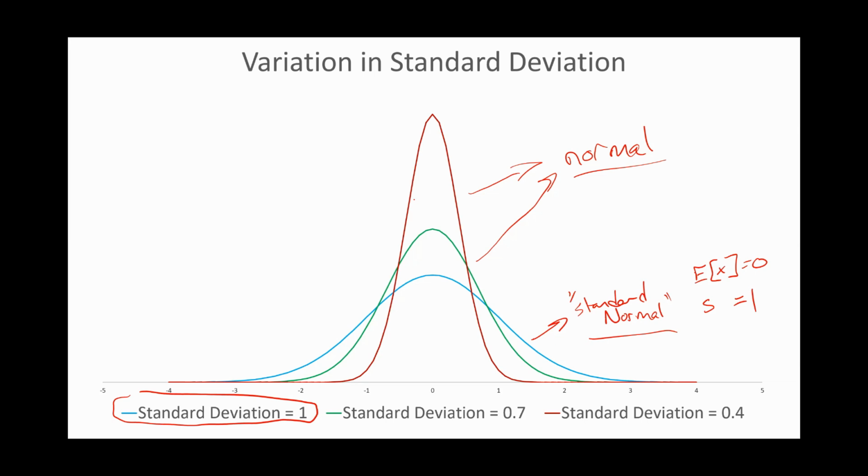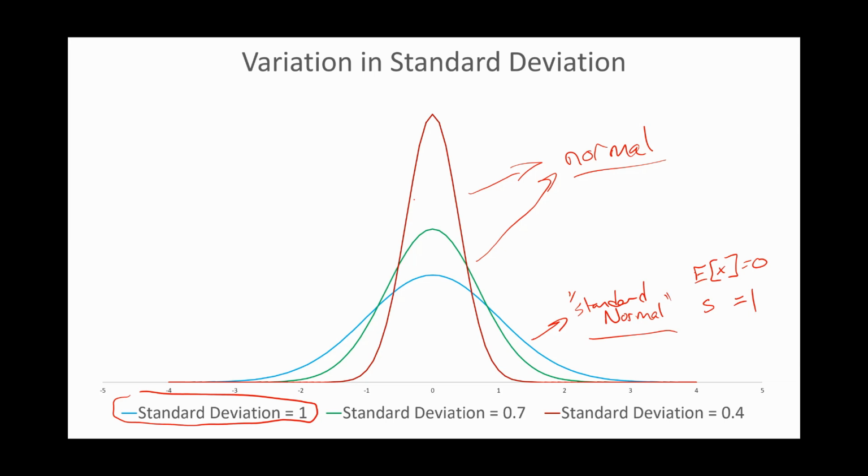Okay. All right, and here, just by comparing these, you can see the effect that standard deviation has on a distribution. The larger the standard deviation, the more likely it is to find values that are further away from the mean. The smaller the standard deviation, the less likely it is to find values further away from the mean.